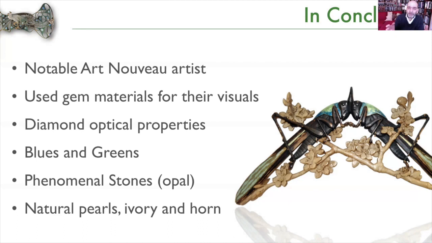We see them for sparkle, for brilliance and scintillation. And we see a lot of blues and greens, not only in gemstones, but also in the glass and enamel that he used. And he liked phenomenal stones with optical properties, like opal, moonstone, cat's eye. He did like those very much.